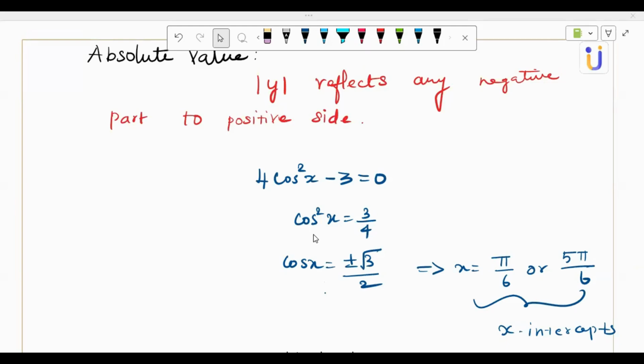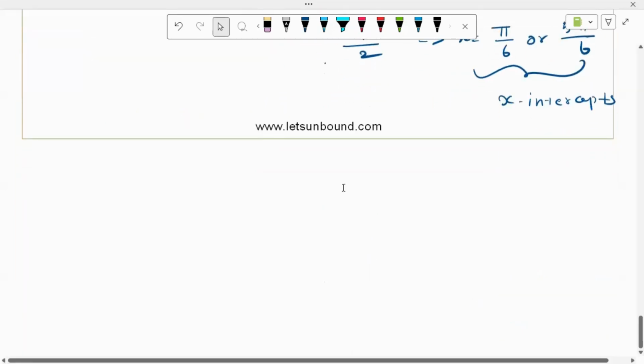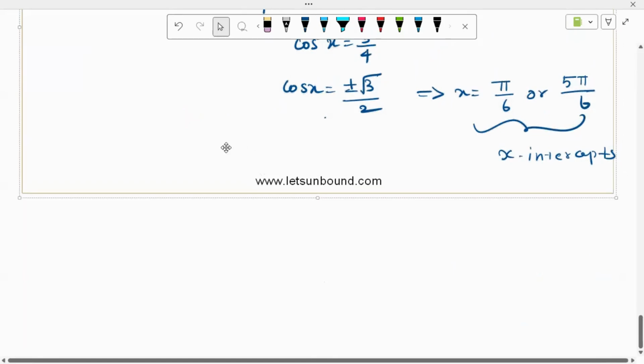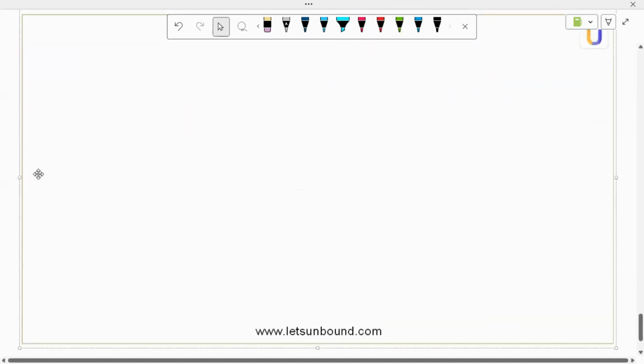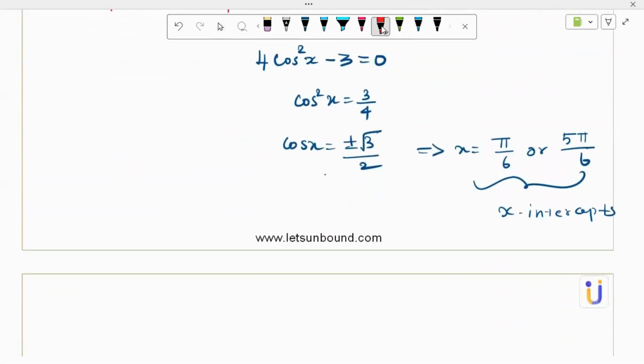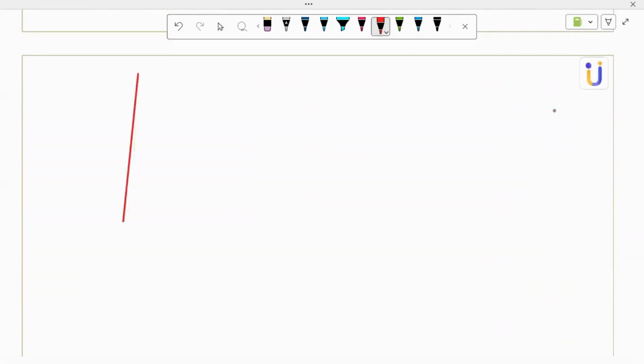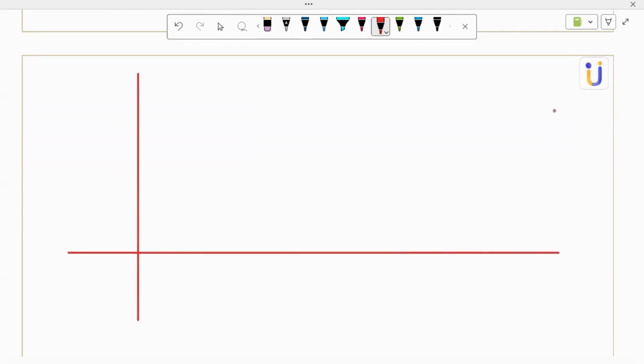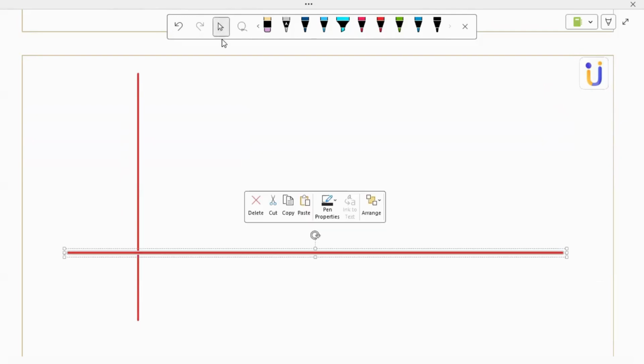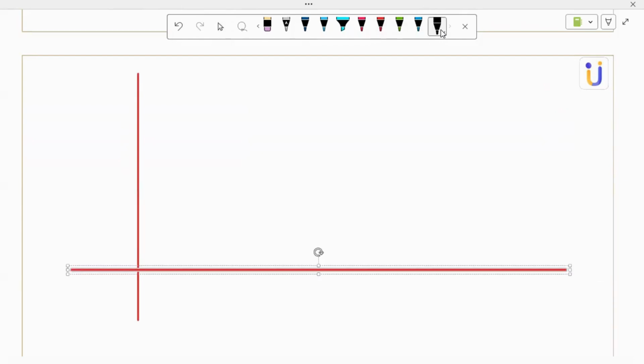Okay, next is finding the critical points, right? Since I got pi by 6 as my intercept, I have to divide the x-axis into intervals of pi by 6, from 0 to pi. And no negative part, right? So we can just focus on the first quadrant alone. Okay, how I am going to divide this is into pi by 6.